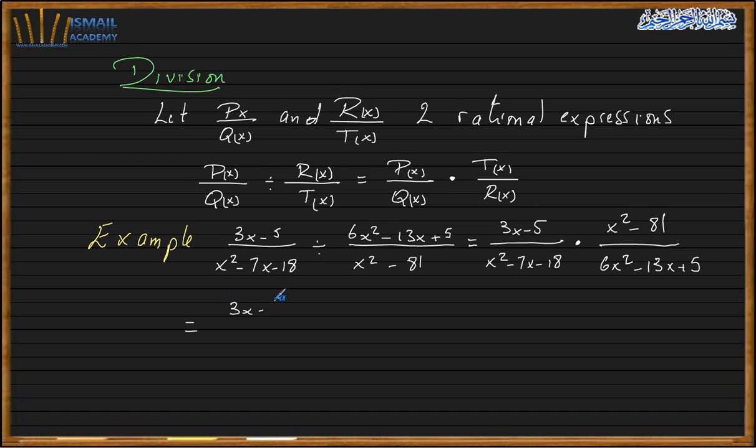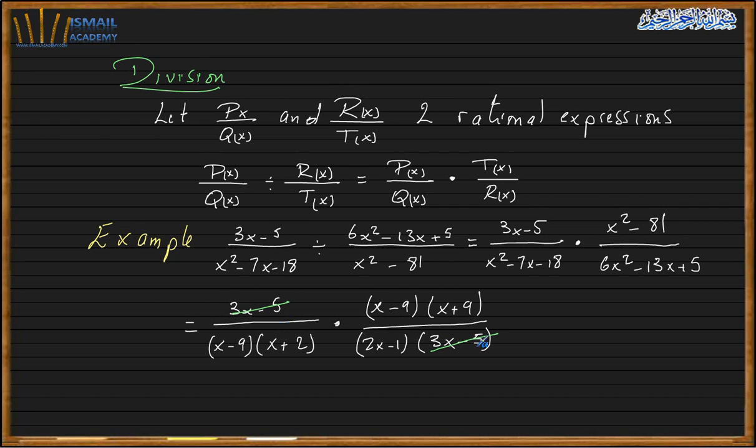So this is x minus 9 times x plus 9. The denominator will be 2x minus 1 times 3x minus 5. Simplify the common factors. So this is common.